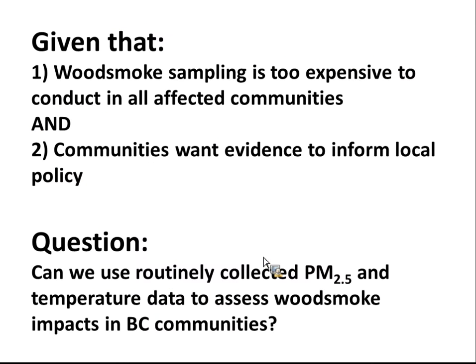So given that wood smoke sampling is too expensive to conduct in all affected communities of BC, and that communities want empirical evidence to inform local policy, can we reuse routinely collected PM2.5 and temperature data to assess wood smoke impacts in BC communities? This is the challenge that was set before us by the Ministry of Environment.